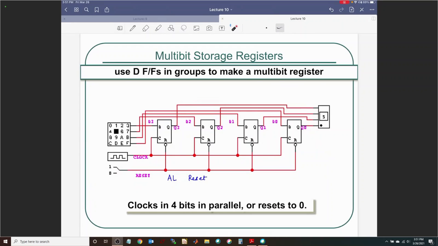Yes, reset. So what would be displayed over here if I reset it? It's a 7-segment display, so it should be just a 0. That's right. Which also means that Q3 became a 0, Q2 became a 0, Q1 became a 0, and Q0 became a 0.